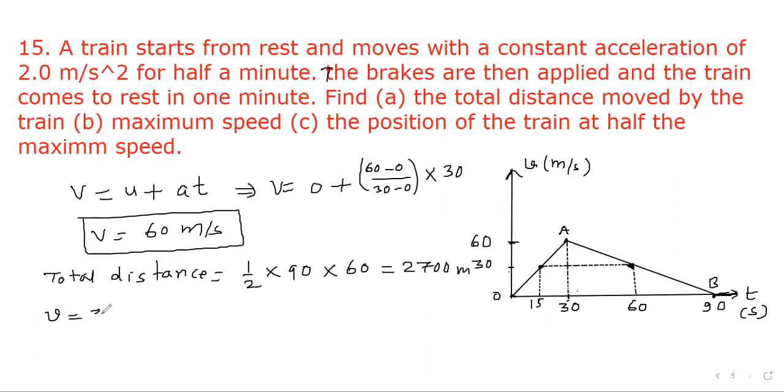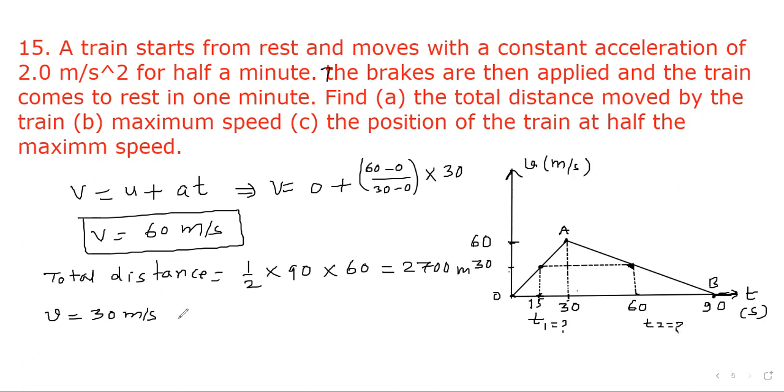When V becomes 30 meters per second, in that case, what is the time? This time is to be evaluated, and this will come out to be 15. That's why here it is 15. And similarly, this time is to be evaluated, and that will come out to be 60.